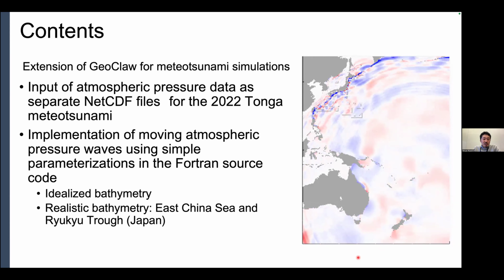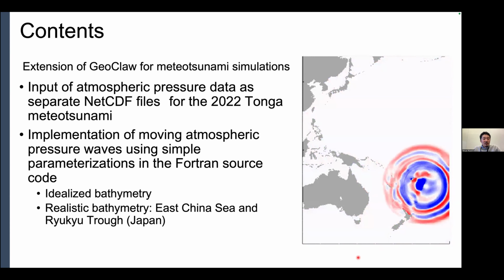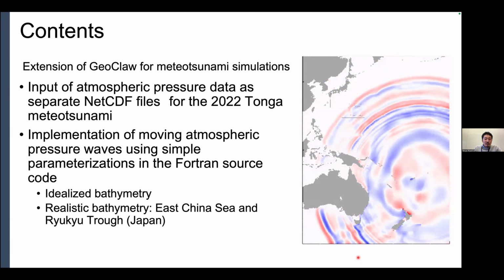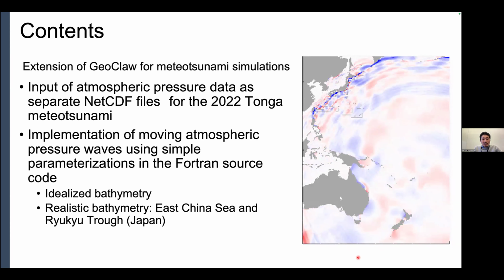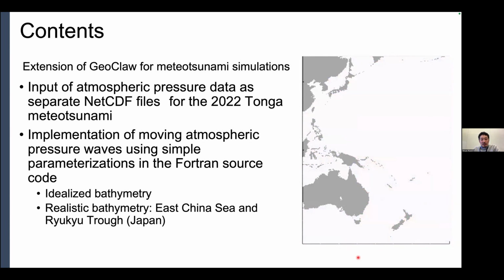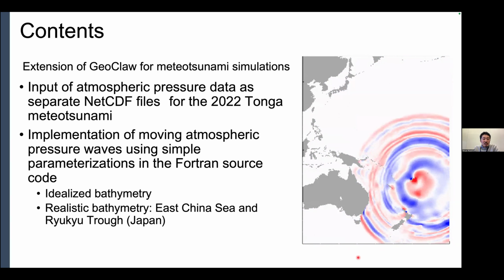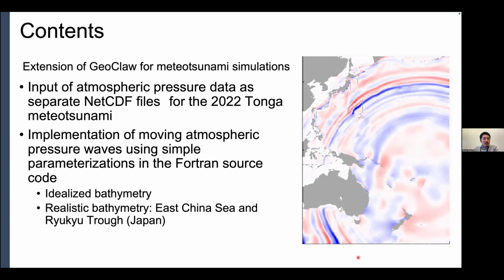If we assume a pressure disturbance described by a simple set of parameters, we can incorporate it into the model by modifying the Fortran source code. Because this approach has been implemented recently, I will show a few test cases and then discuss possible directions for future improvements.